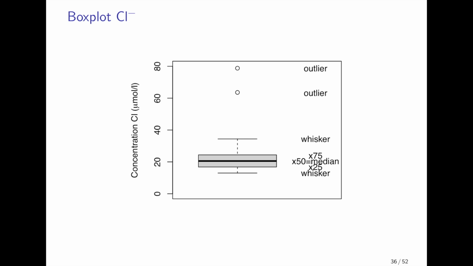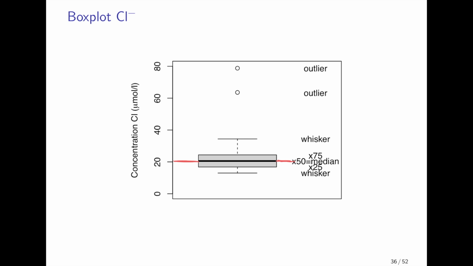So this is a box plot for chloride. And let's start here with a big bar in the center. So this big bar will work out to about 20, 21. And the big bar is the median, or as we've seen, the 50th percentile. Now, what about the box that gives the box plot its name?